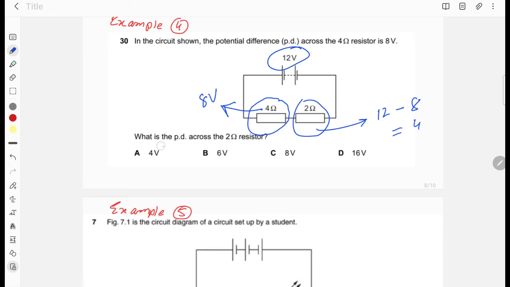So simply the answer is 4 volt, because this 12 volt divides between 4 ohm and 2 ohm resistors, and since 8 volt is given for the 4 ohm resistor, you can easily find out the voltage of the 2 ohm resistor.